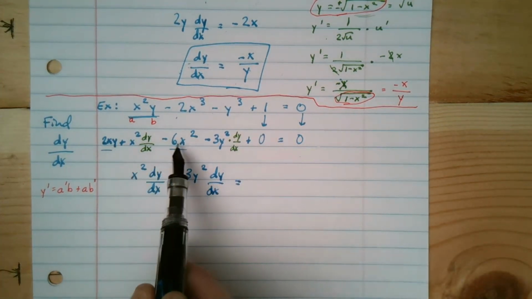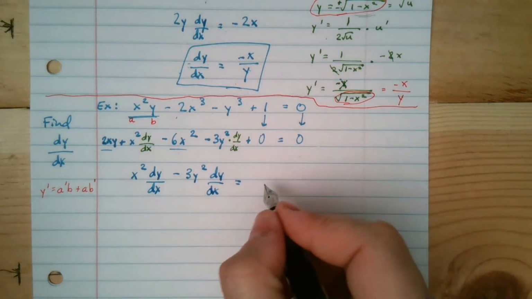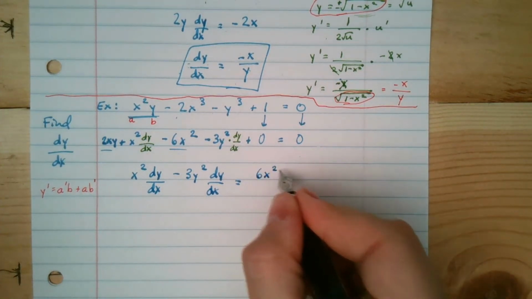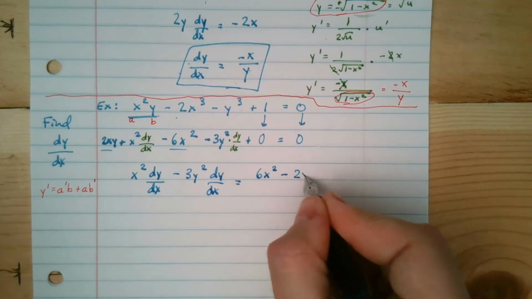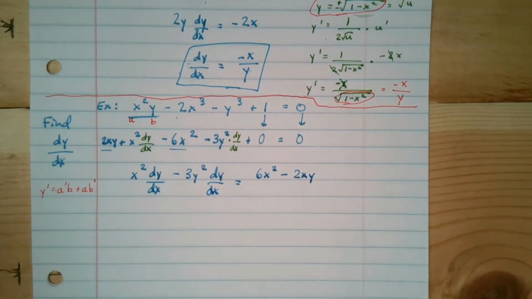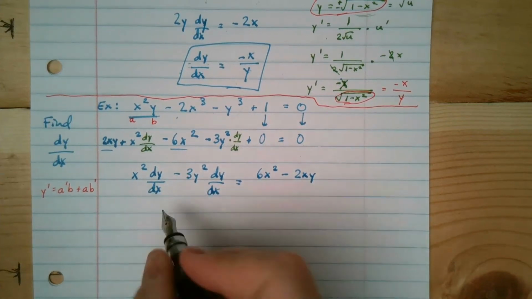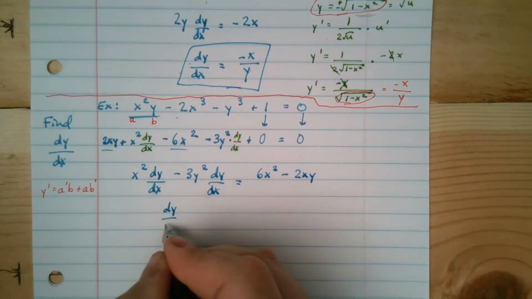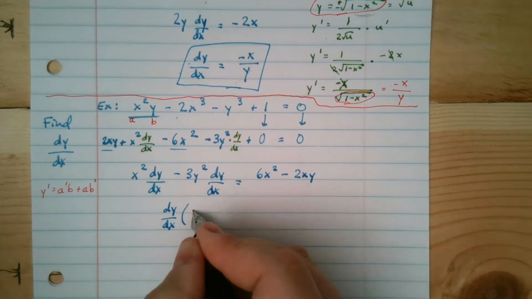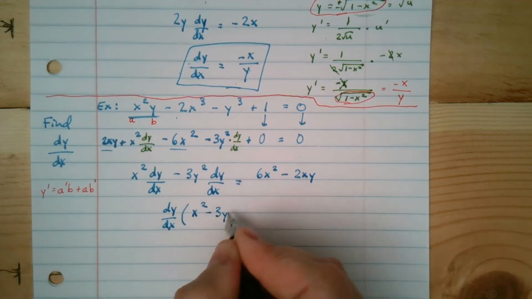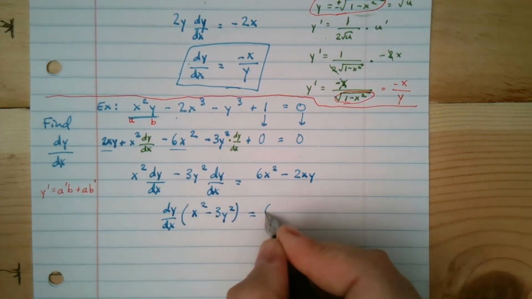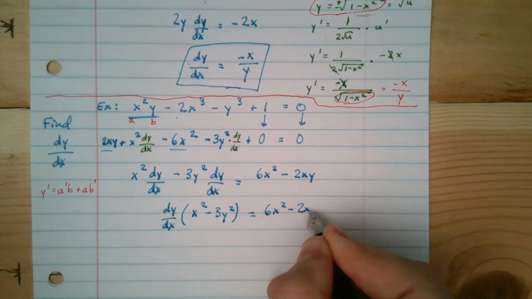And then this guy and this guy move over to the right. So we get 6x squared minus 2xy. Cool. Now we are going to factor out dy dx. So we get dy dx times x squared minus 3y squared equals all this stuff over here.